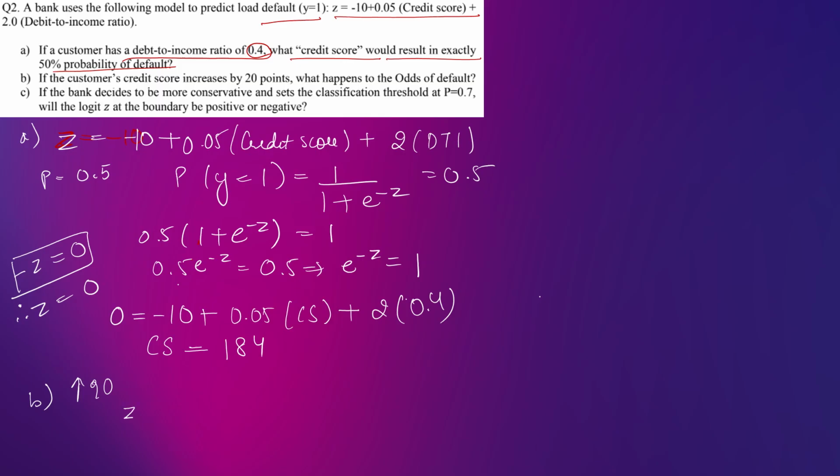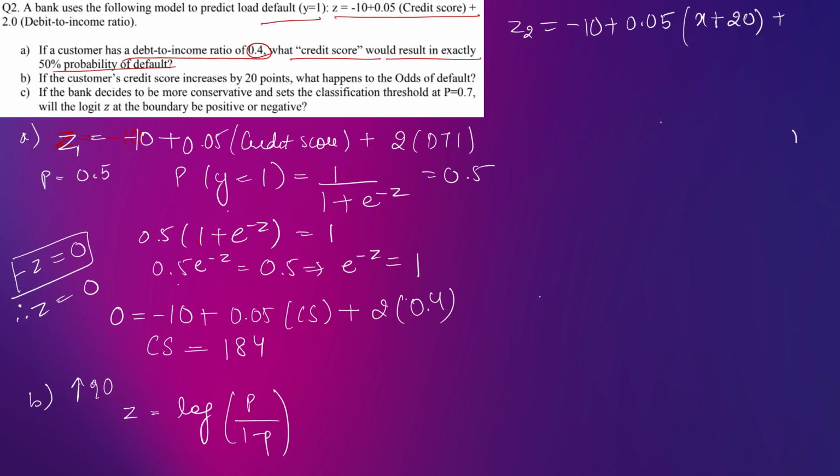Now there's another formula that you all need to remember. Z is equal to log P upon 1 minus P. Now the new equation that we'll have after the increment, we'll write this as Z1, Z2, will be minus 10 plus 0.05 into x plus 20, plus 2 into DTI.